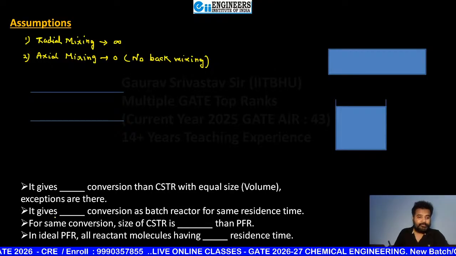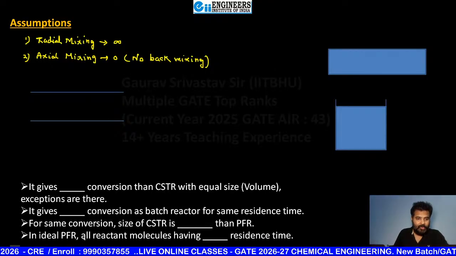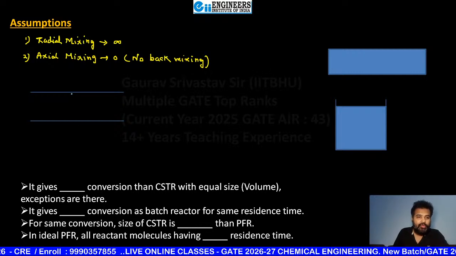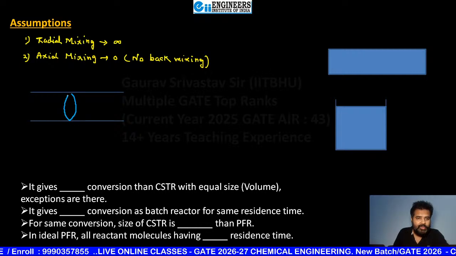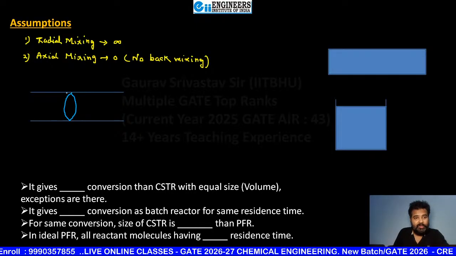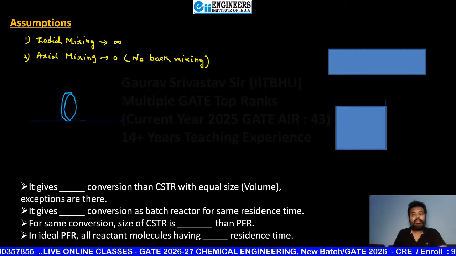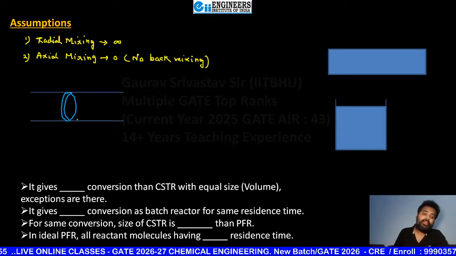Okay, now here you can see this is one element that I'm assuming inside that reactor. Suppose this is your element, and you want to check what is happening with this element.